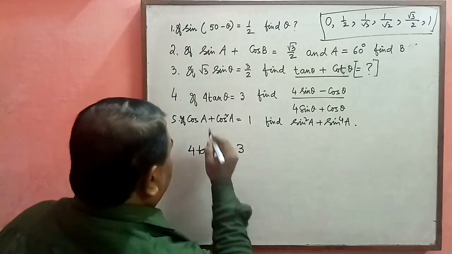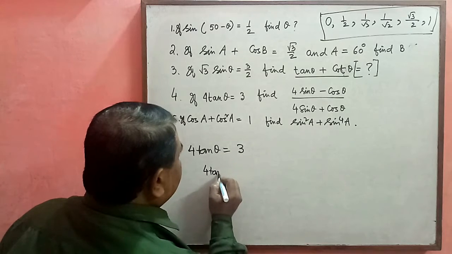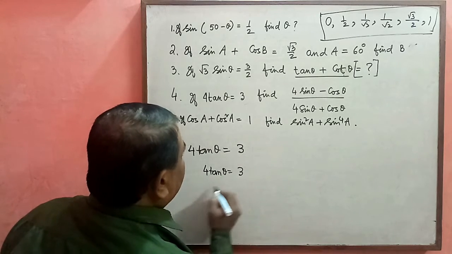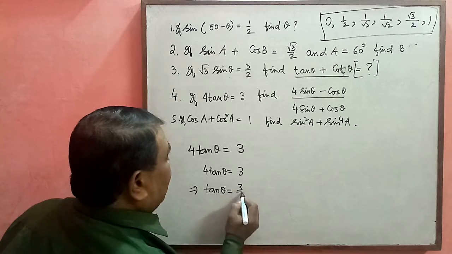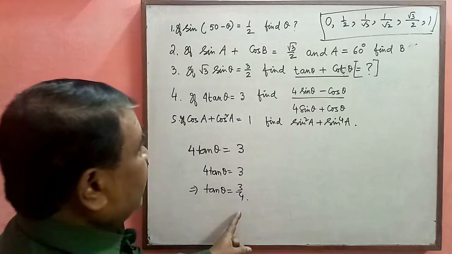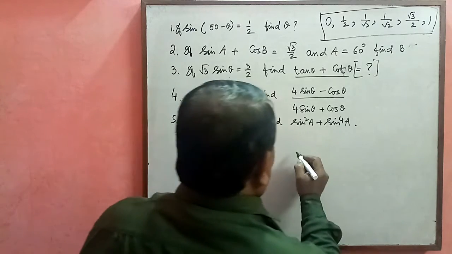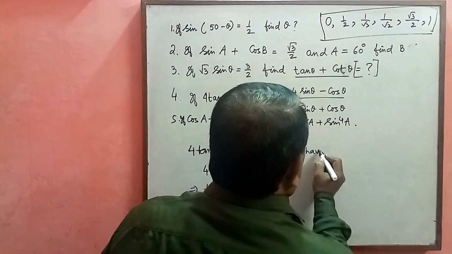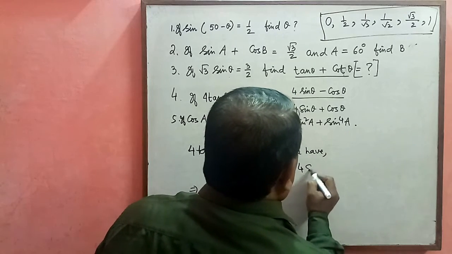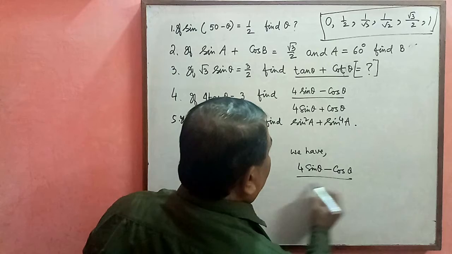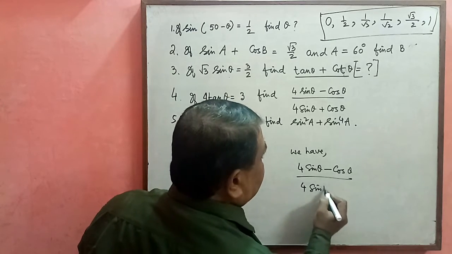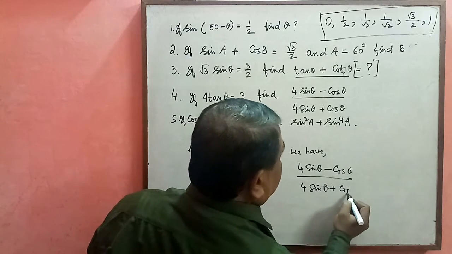So here 4 tan theta is equal to 3, or tan theta is equal to 3 upon 4. Put it here. Now we have 4 sin theta minus cos theta upon 4 sin theta plus cos theta.